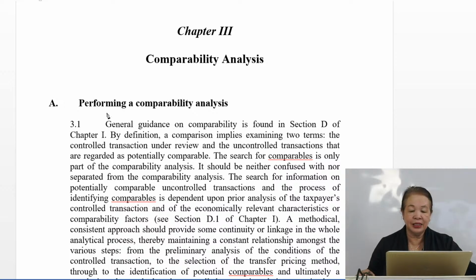Ano sabi ng Article 9 of the OECD Model Tax Convention, where transactions are made between related parties in their commercial and financial transactions which differ from those which would have been made between independent parties, then the financial or commercial transactions and the profits that accrue to one of the enterprises, but by reason of those conditions have not so accrued on that certain enterprise, then the tax authority may attribute the profit to the entity where it should belong and then taxed accordingly, no?